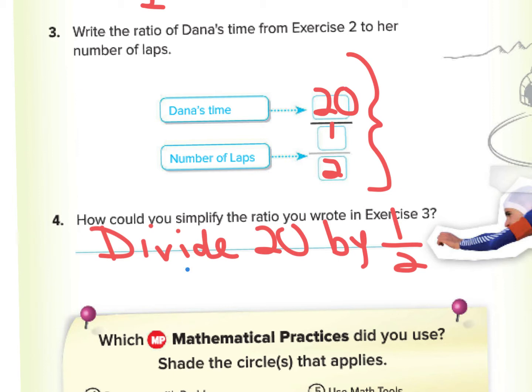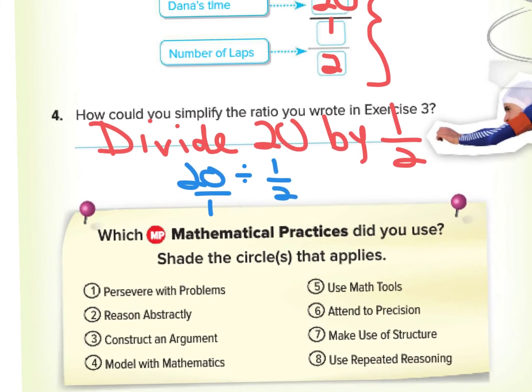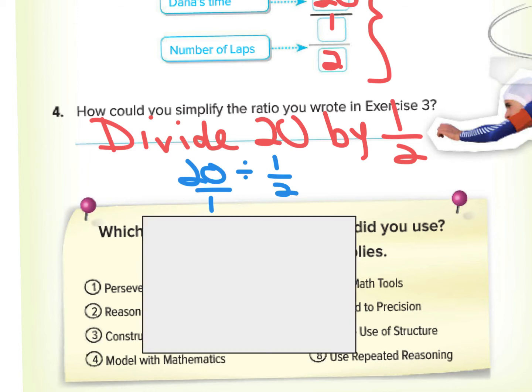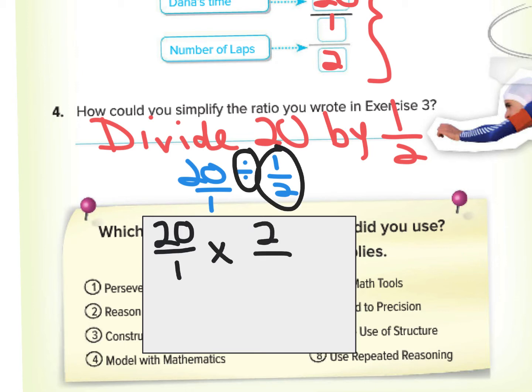So if you have 20 divided by a half, let's turn that 20 into a fraction. Okay, so now it's 20 over 2. Remember the rule that we keep, we change, and we flip. So the next step would be keep, and then we change the division to multiplication, and we flip 2 over 1.